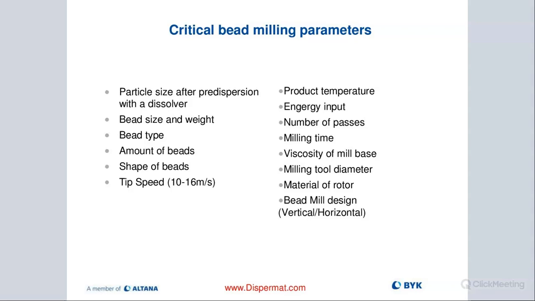Bead loading really is important, but that depends on the type of milling equipment you're using. In a vertical bead mill I can add a lot more beads, whereas in a basket mill I have fewer beads, and you can have up to 80% bead loading in a horizontal media mill. So it really depends.